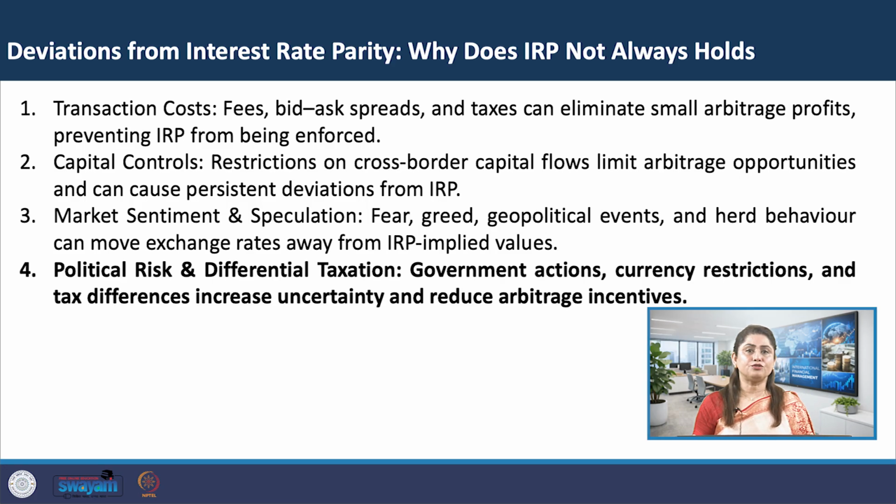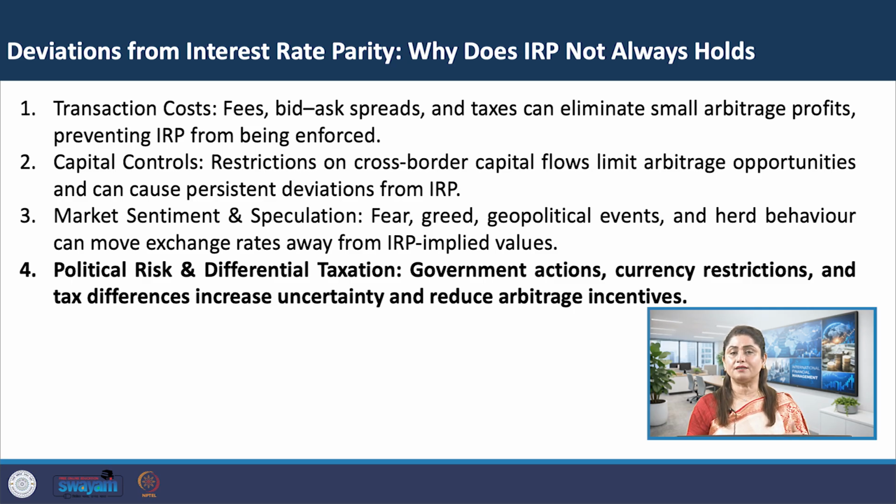And we should also mention political risk and differential taxation. Investors in foreign countries face the risk that a government crisis could restrict currency conversion or that the tax rules could make a pre tax profit become a post tax loss.